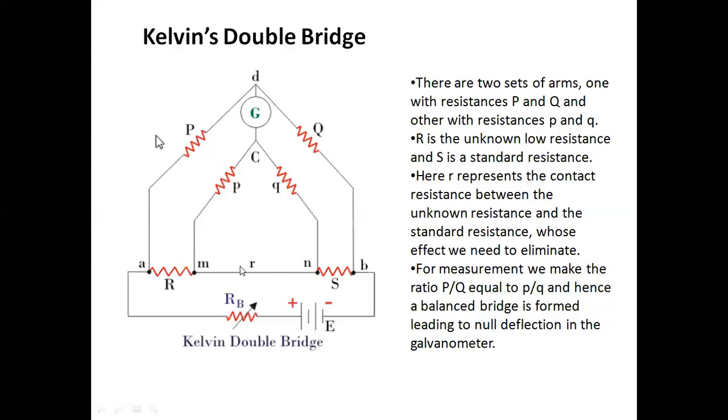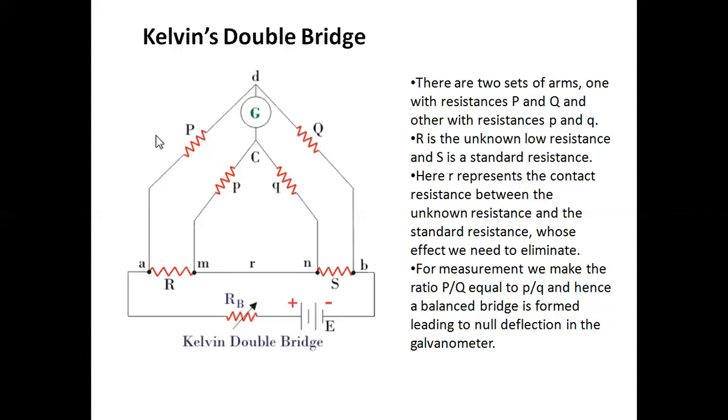Here, small r represents the contact resistance between the unknown resistance and the standard resistance, whose value we also need to eliminate, because as we are going to measure low resistance, we also need to consider the resistance of the conductors, or the connecting wire.